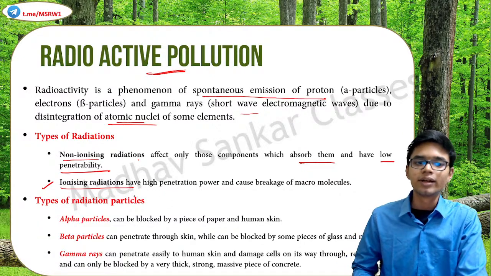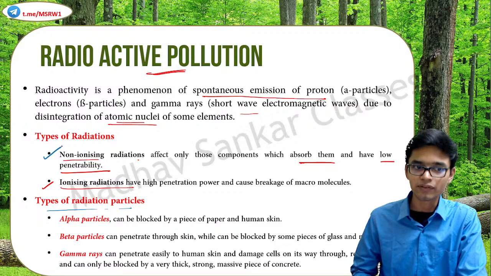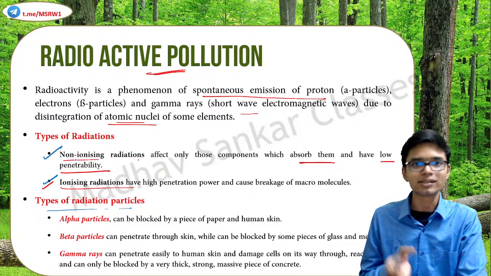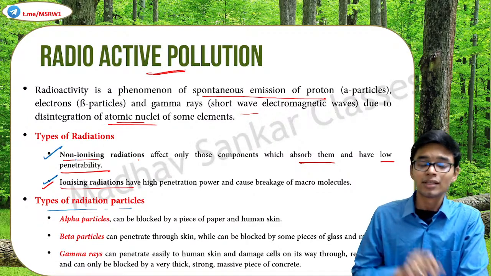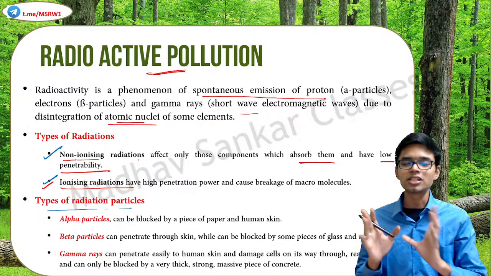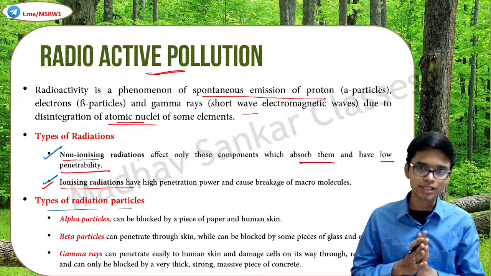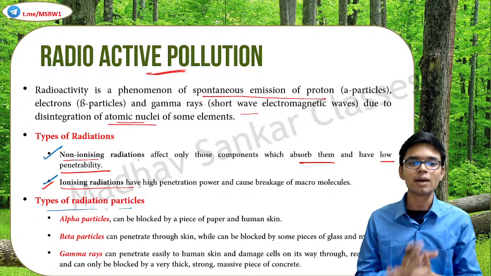Now, what are the types of radiation particles? These two are the types of radiations: non-ionizing radiations, which are comparatively less harmful, and ionizing radiations, which cause all the trouble. Then, types of radiation particles. At the beginning I told you 3 types of things are emitted during radioactivity, predominantly alpha particles, beta particles, and gamma rays.